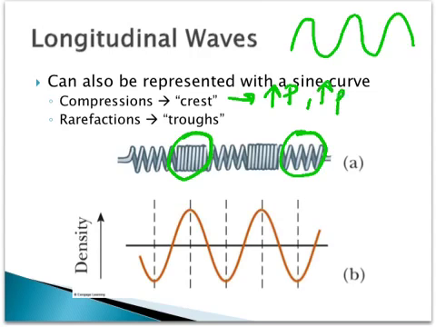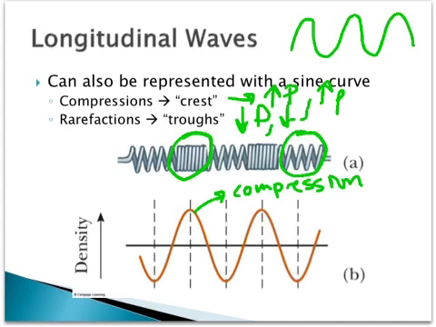So a compression would be represented as a kind of a crest. So here we could see a compression, all right? And the rarefactions are points of low pressure and low density. So it's the opposite, where you have your maximum negative amplitude. That would be what is called your rarefaction. So we can also represent these as a sine curve.